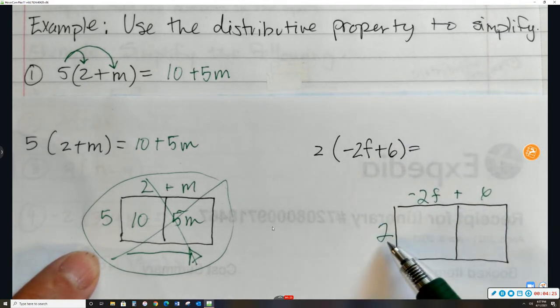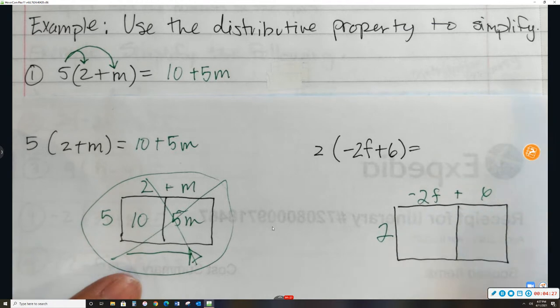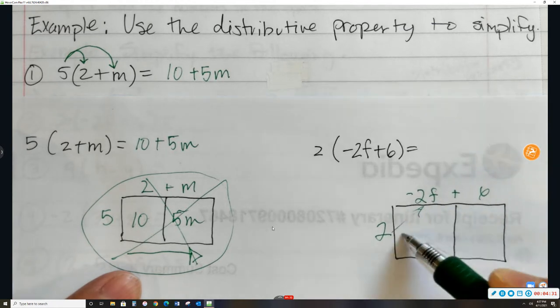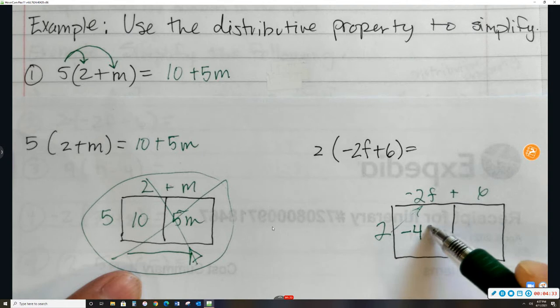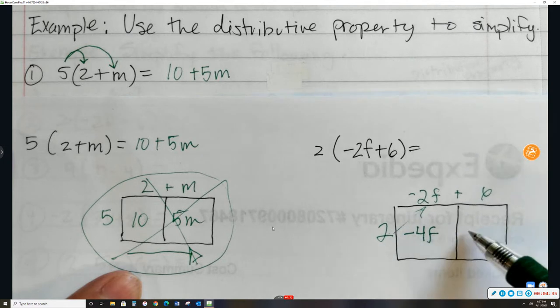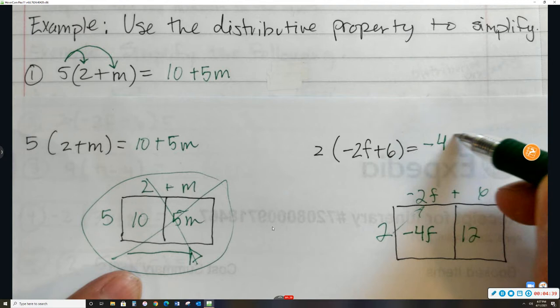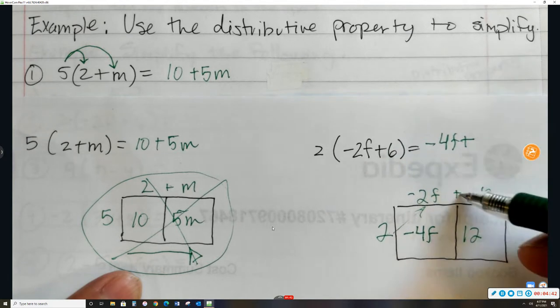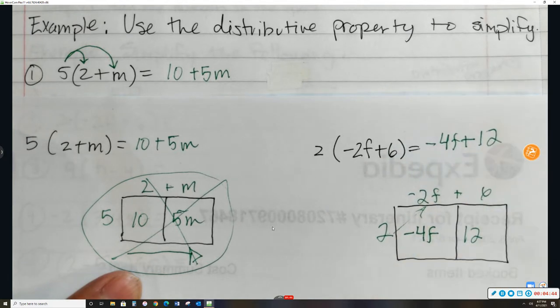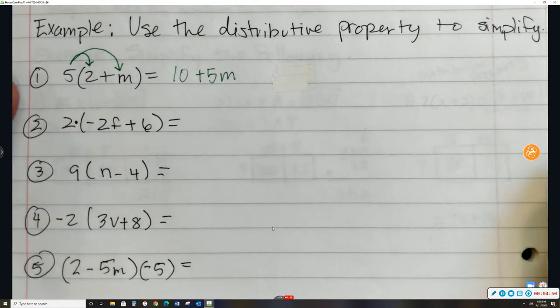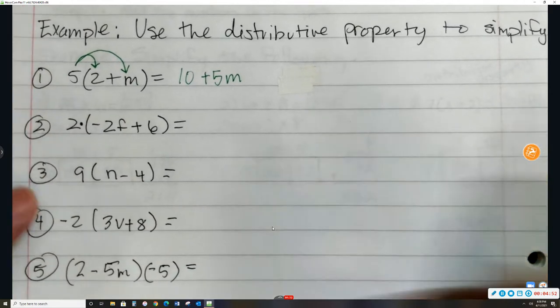But it definitely works. Next, 2 times negative 2f. Here when you do this multiplication, all you have to do is multiply the numbers in front, so that's negative 4, and then you bring down the f, and then 2 times 6 is 12, so my answer here is negative 4f plus 12, because there's the plus in between. So looking at this one, I'm just using my algebra method.